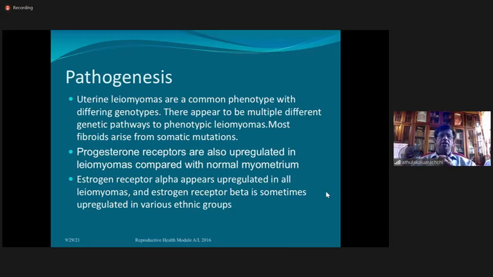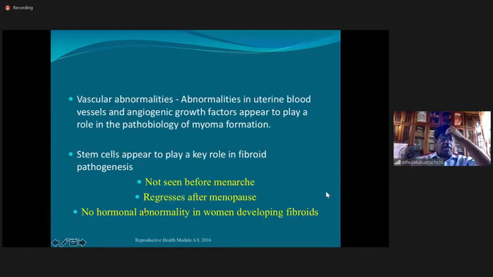It is also related to the reproductive hormones because it is unusual to find fibroids before menarche, and it's very uncommon in the postmenopausal period. Even if there are fibroids, once you attain menopause they stop growing.